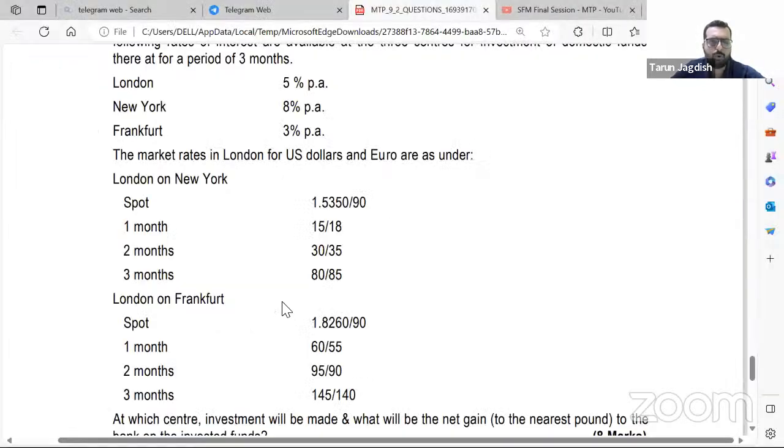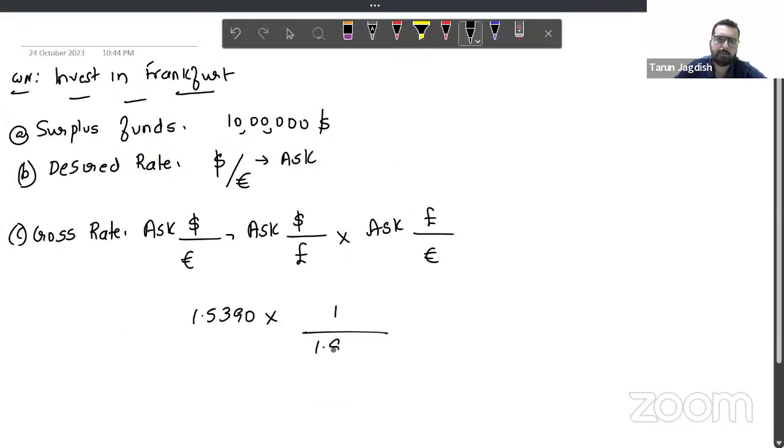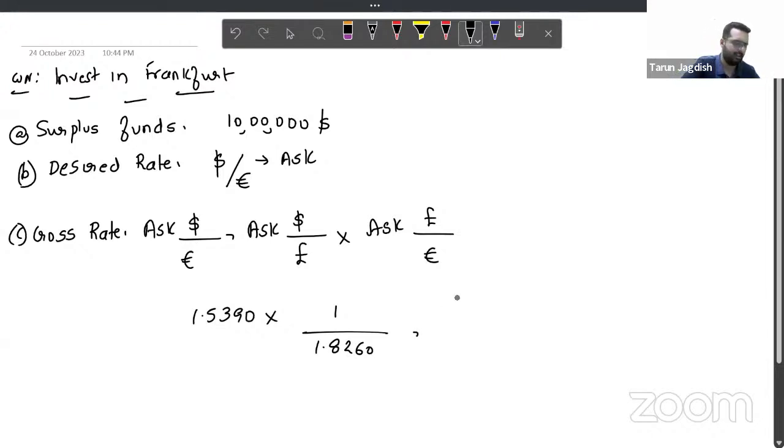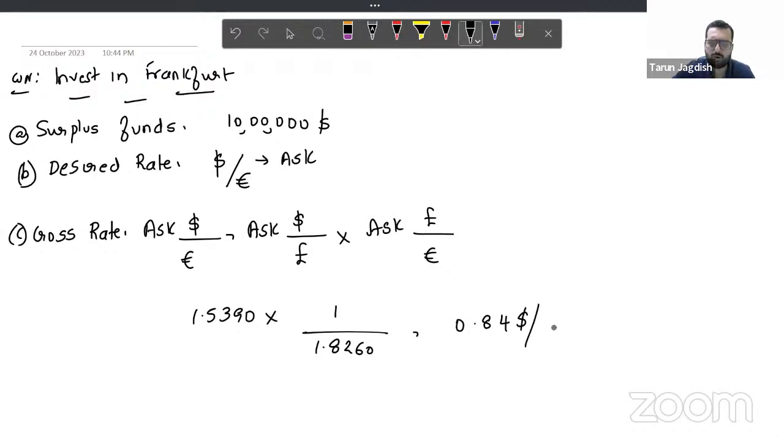They have given euro per pound. So I'll do 1 divided by 1.8260. So what's the answer I'll get? Do I get the answer as $0.84 per euro? I hope I've done it correctly, friends.